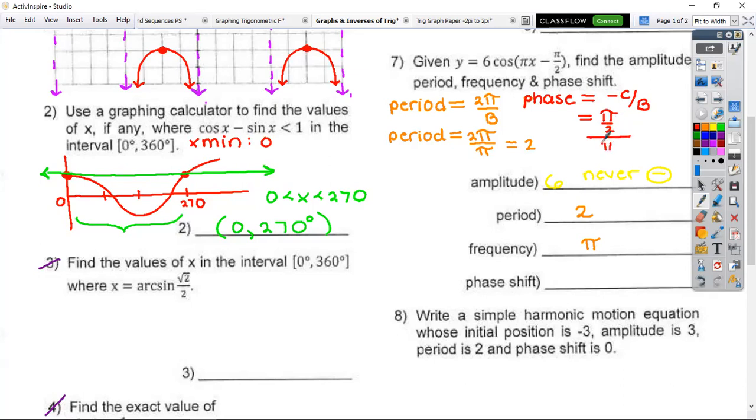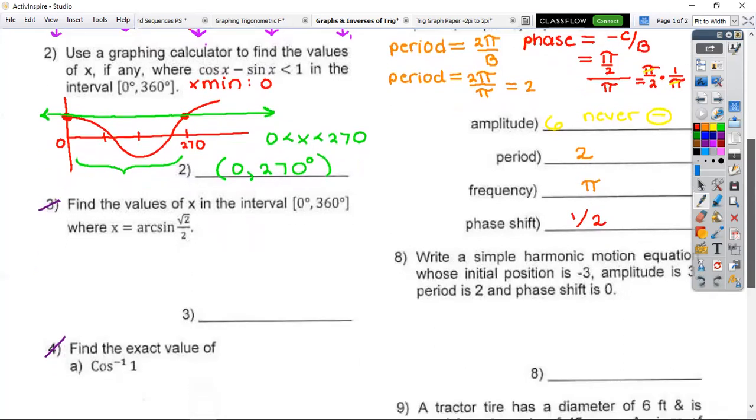Yep, thank you. And then you're going to do just a quick keep change flip on this. So I have pi over 2, and then I'm going to flip it, so times 1 over pi. And what happens with your pi's? Cancel. So the phase shift is just going to be 1 over 2. So just a half.